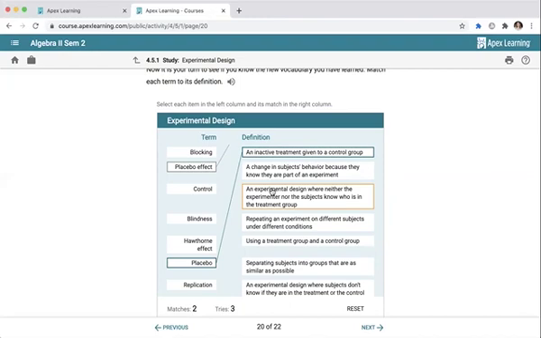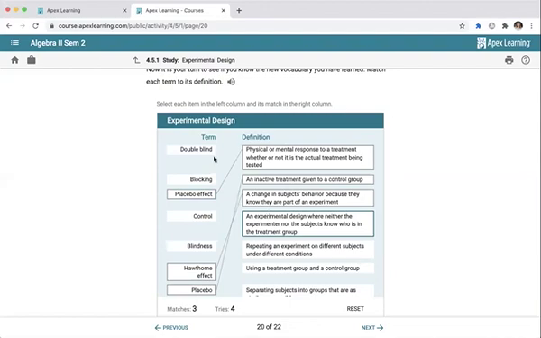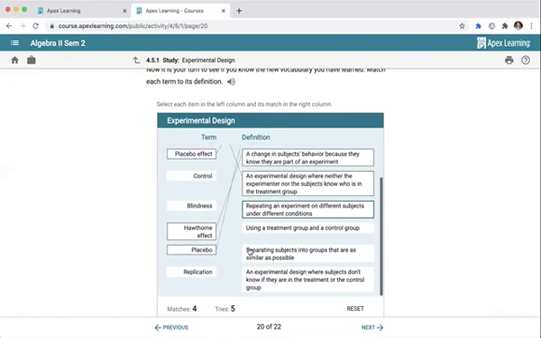That sugar pill, the control. A change in subjects' behavior because they know they're part of an experiment, that's your Hawthorne effect. An experimental design where neither the experimenter nor the subjects know who's in the treatment group, that would be a double-blind experiment. Repeating an experiment on different subjects under different conditions, that would be replication.